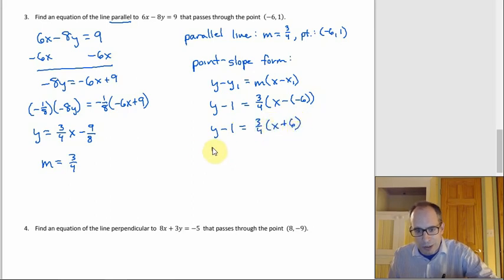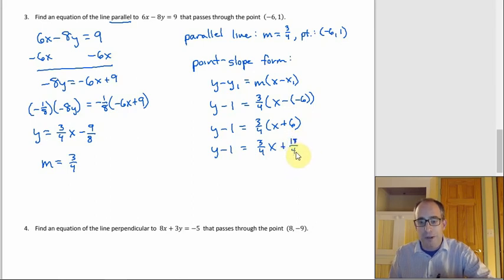And then distribute the 3/4. So we're going to have 3/4 x, and then I guess plus 18/4. So let's see, it looks like that's where we're going to end up. So 3/4 x plus 18/4. 18/4 could be reduced, right?